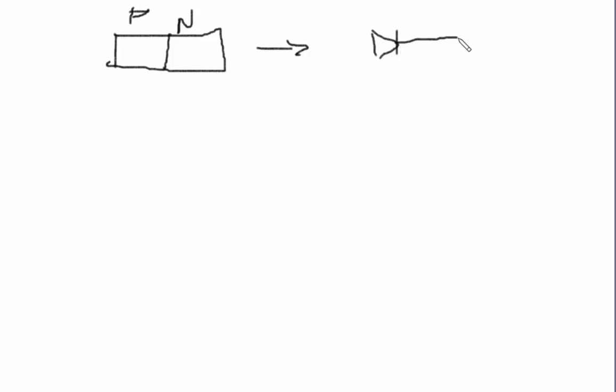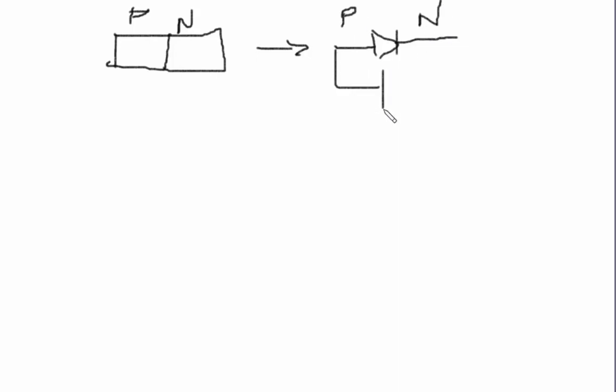So basically we know that this is nothing but a PN junction device, so it can be represented with a symbol like this. This is called the P side, this is called the N side.